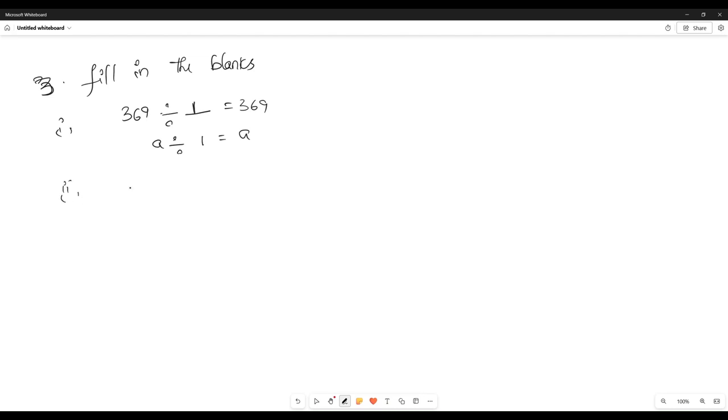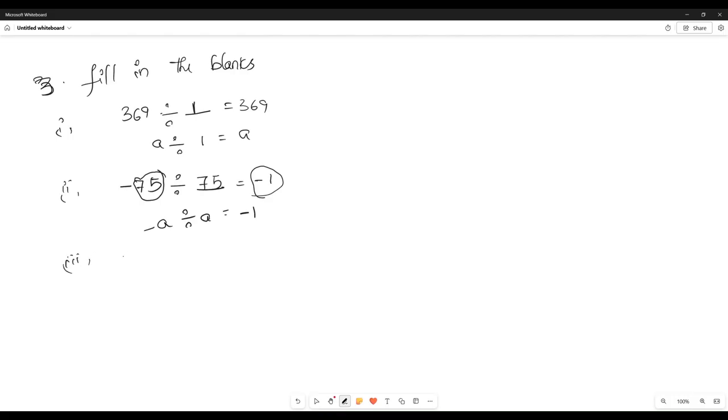And the second one is minus 75 divided by dash gives minus 1. We get minus 1 when we divide the given numerator by the same number but positive, which means minus A divided by A gives minus 1.